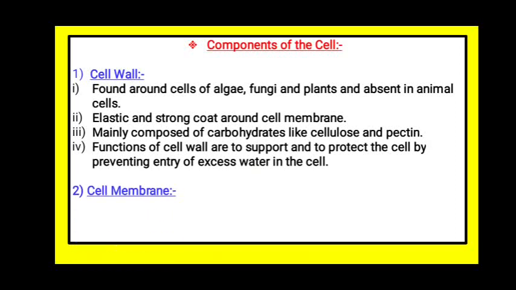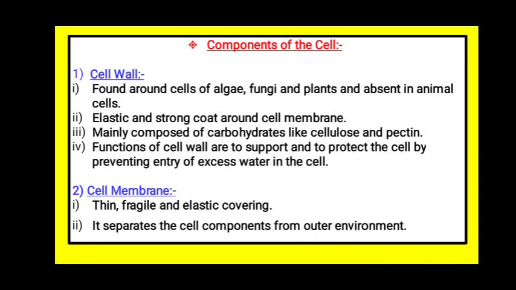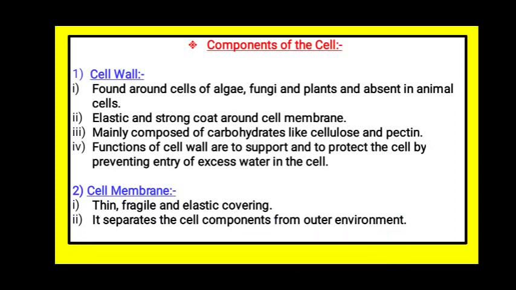Second component of the cell is the plasma membrane, also called cell membrane. The structure: it is thin, it is fragile and has an elastic covering. It separates the cell components from the outer environment. So because of the presence of cell membrane, the inside part of the cell is protected from the outside environment.